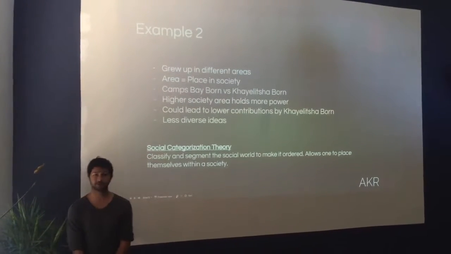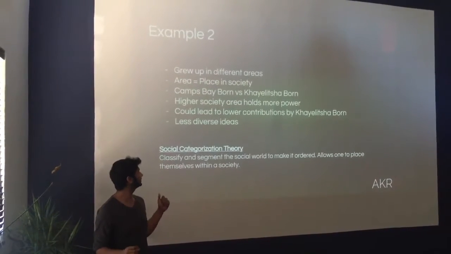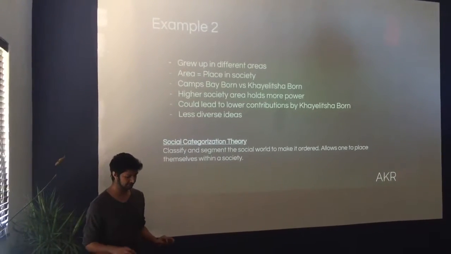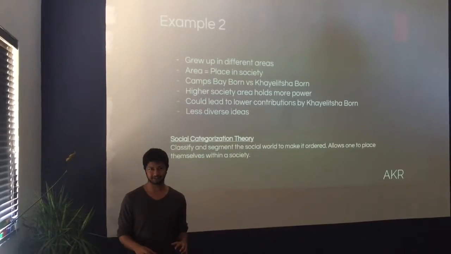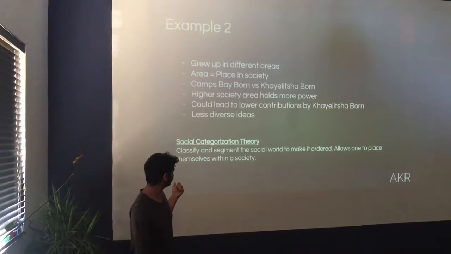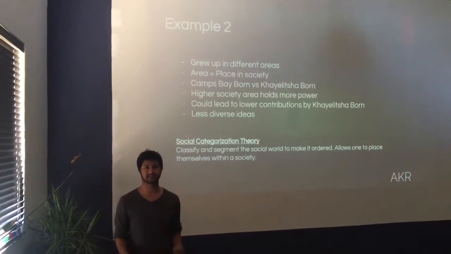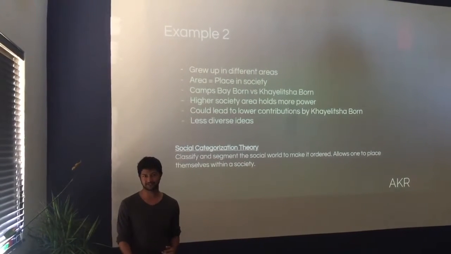Okay, a second example is when you have team members who all come from a different area. They all grew up in different areas, so they start to form groups in their specific area groups. So this shows our social categorization theory because you start to classify and segment the world according to the area you grew up in. Your area represents your place in society.